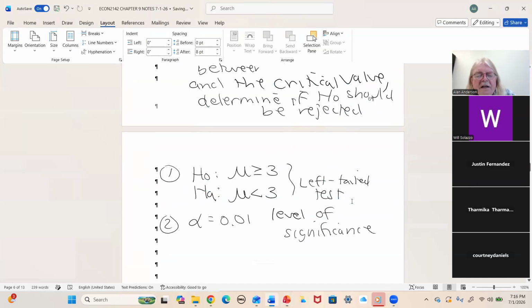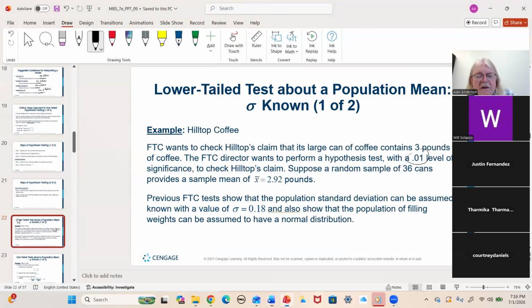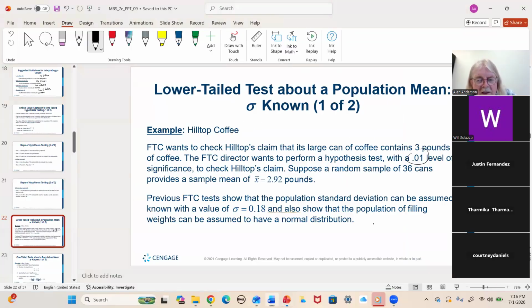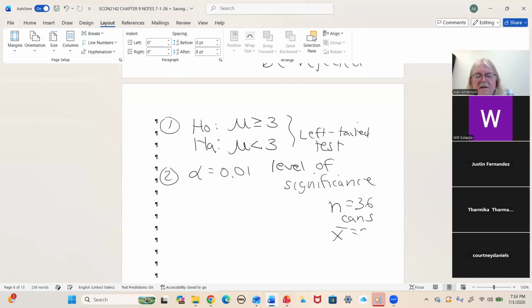Now, we also have to keep track of the data. Before we go any further, the data they're giving us is that we picked a random sample of 36 cans. And the mean we found was only 2.92 pounds. That doesn't sound promising, does it? No, it doesn't.